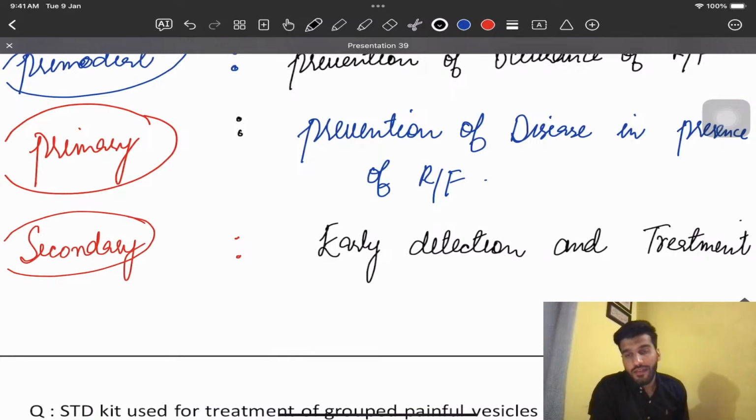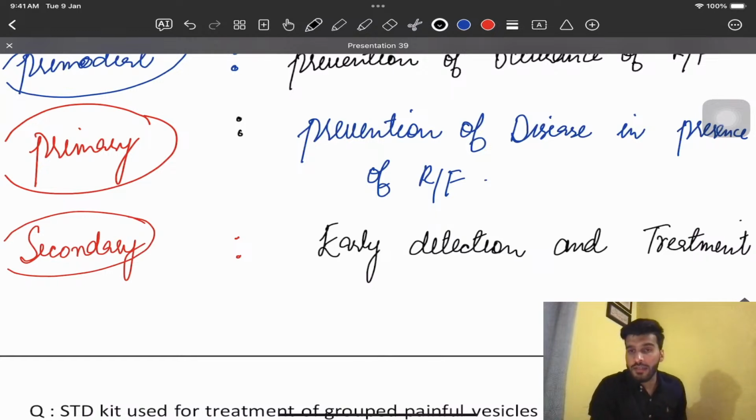Cervical cancer. So what is your first step there? What is the first investigation you will send? Either you go for a pap smear or a colposcopic biopsy. So pap smear and colposcopic biopsy is which level of prevention, my dear students? It is a secondary level of prevention, when the disease is present.